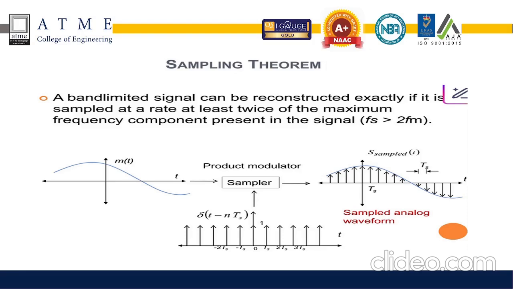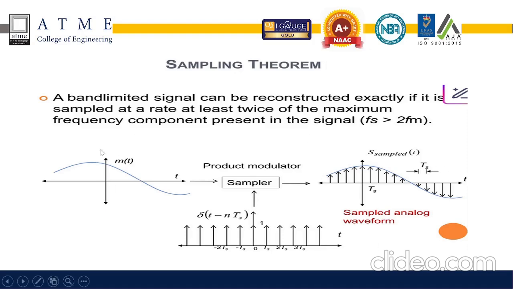First, we will deal with sampling theorem. Sampling theorem, as we have taught in theory, is used for conversion of analog signals to digital signals. So here is the definition for sampling theorem. A band limited signal can be reconstructed exactly if it is sampled at a rate at least twice of the maximum frequency component present in the signal.